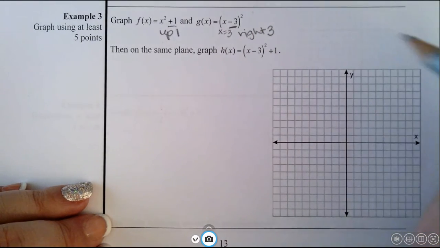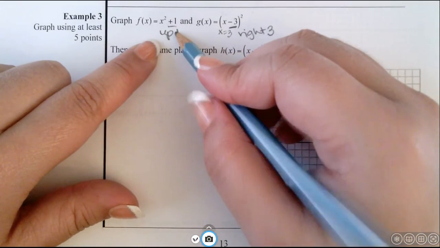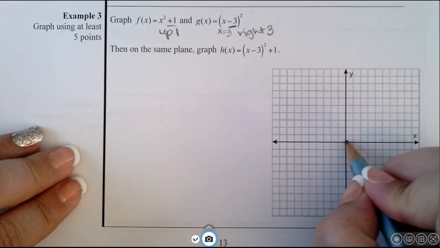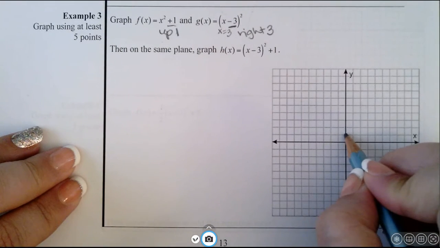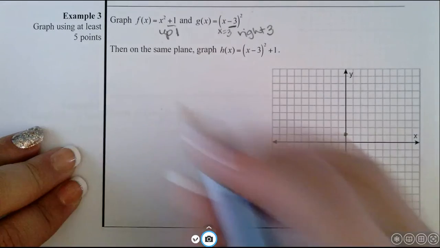So we want to look at, how do I graph these? Well, if I start with my basic shape, and then we move up by 1, I would expect my vertex for f of x to be there. So let's look.